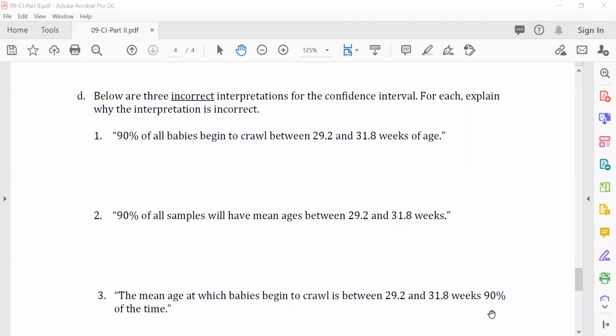So the confidence intervals are not about individual values.